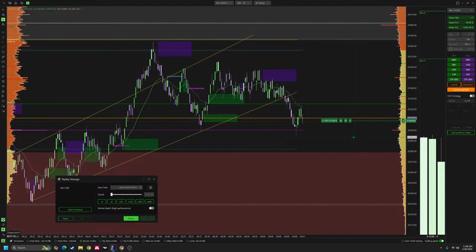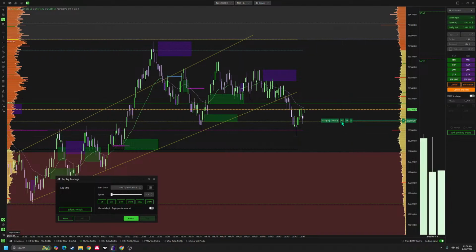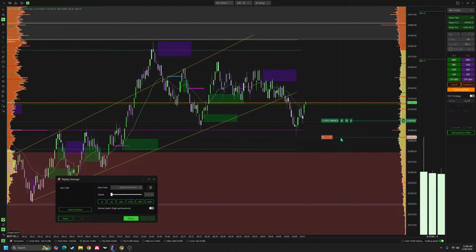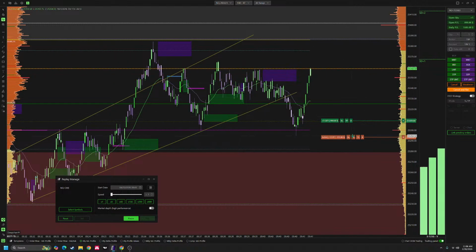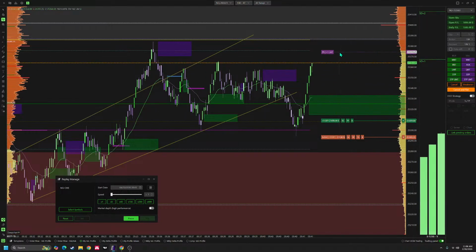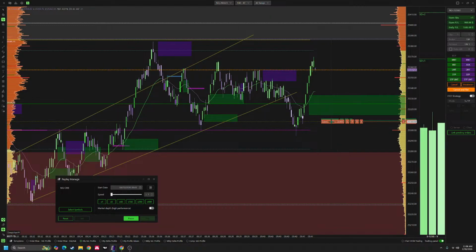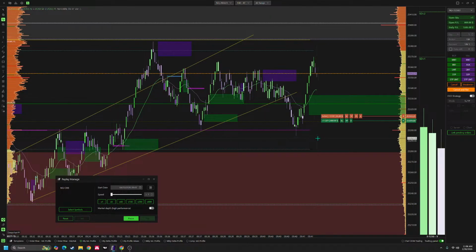Right there. So we had some aggression, a little pullback. Price continues up and price is moving fast. We're going to make sure we stay in profit here.